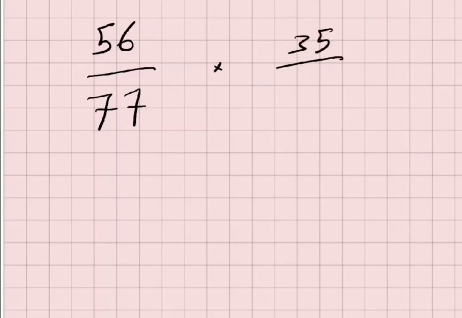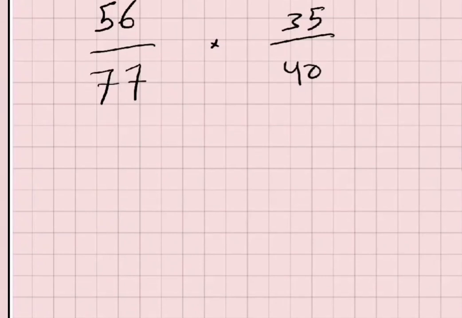Multiply 56/77 by 35/40. Now 56 is 8 times 7. 77 is 11 times 7. 35 is 7 times 5.